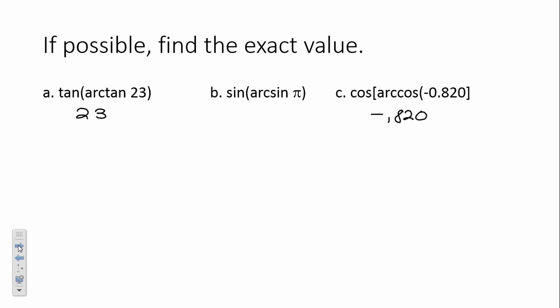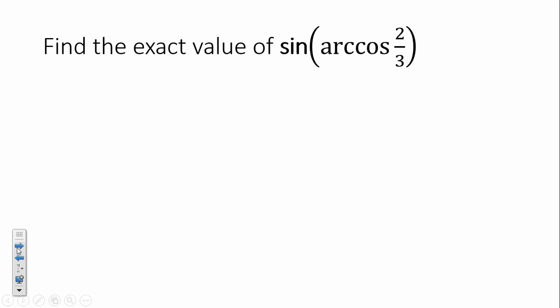All right. So an exact value of this one. An angle whose cosine is 2/3. What we're looking for here is where would my adjacent over hypotenuse be 2/3, right? Cosine is adjacent over hypotenuse.